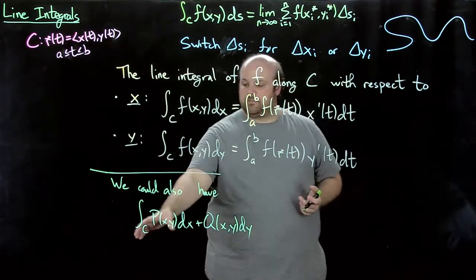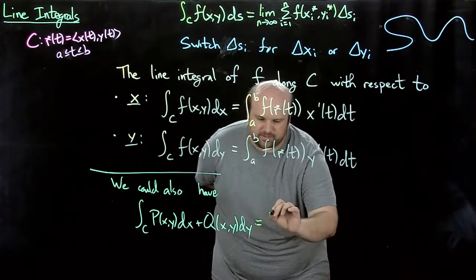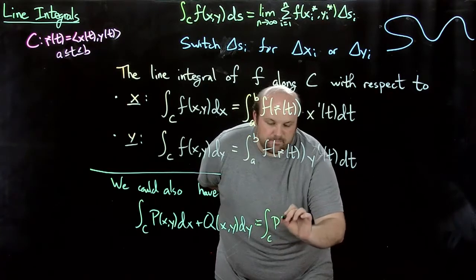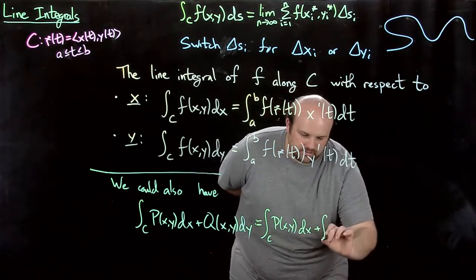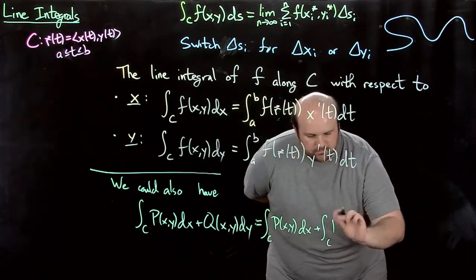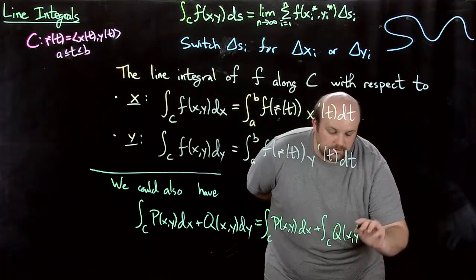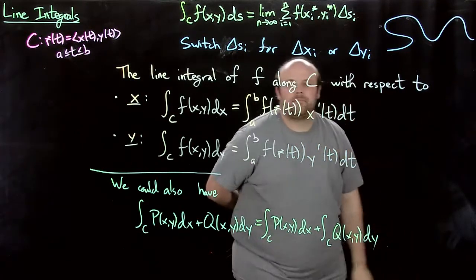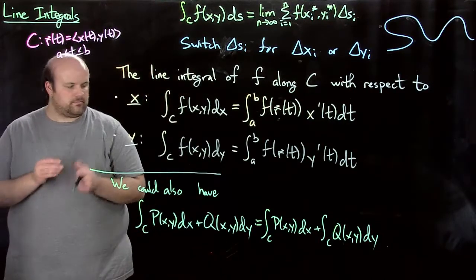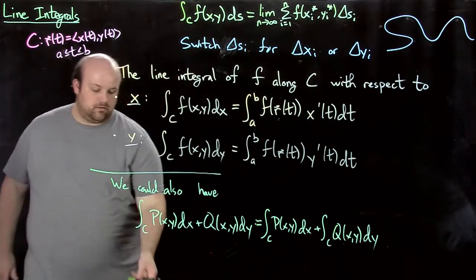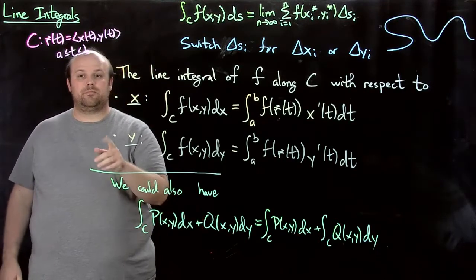And then, we just imagine breaking this up over the sum. And so this is just going to be the integral over c of p of xy dx plus the integral over c of q of xy dy. All right? So you can ask now, well, what are the differences? Why do this? Well, we'll see in the next video.